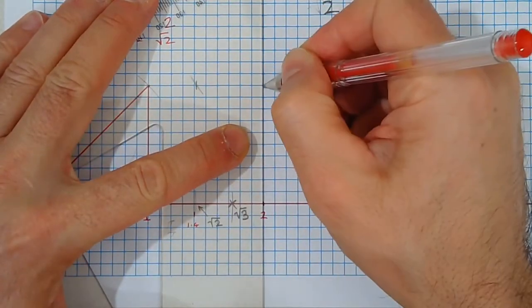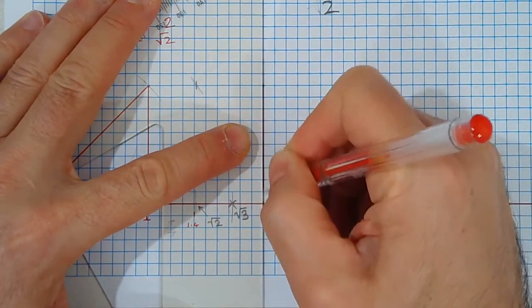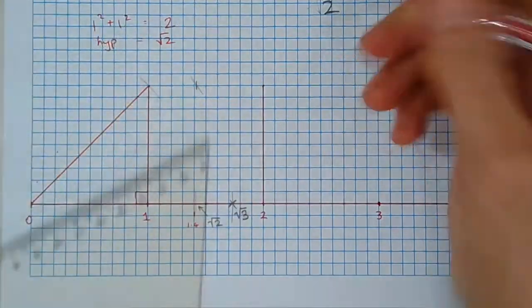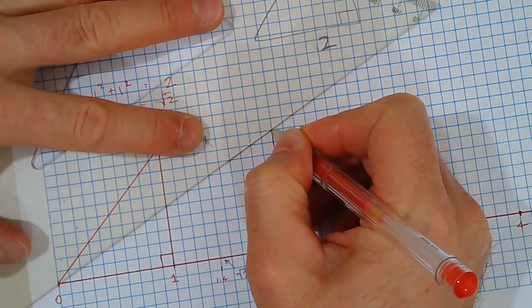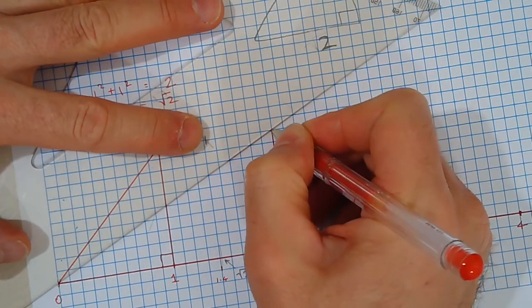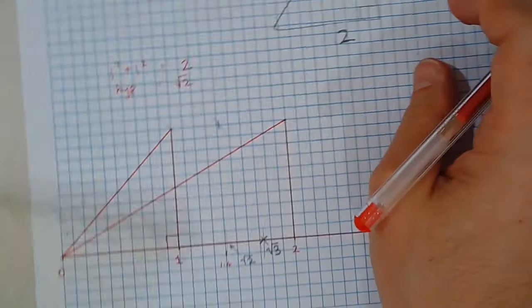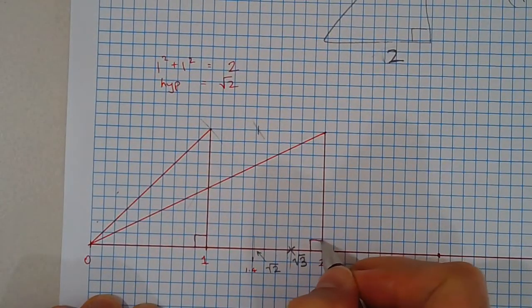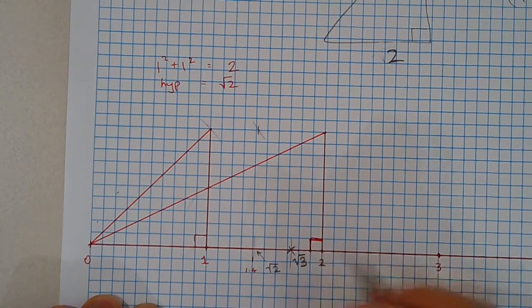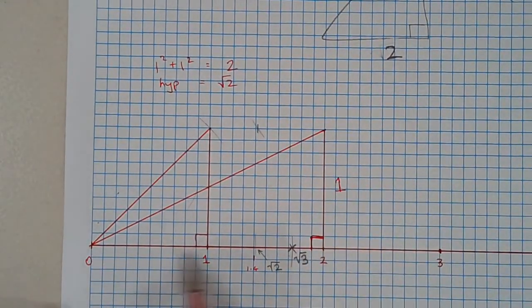So this time I'm going to form the larger triangle like that. Here we go. There's another right angle triangle there. That's 1 unit up and 2 units across.